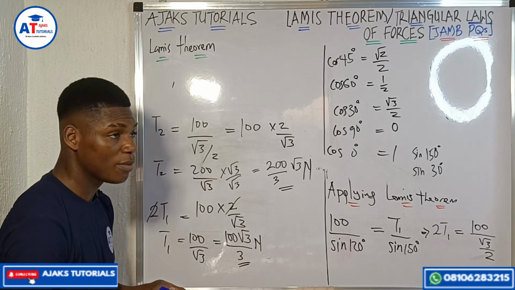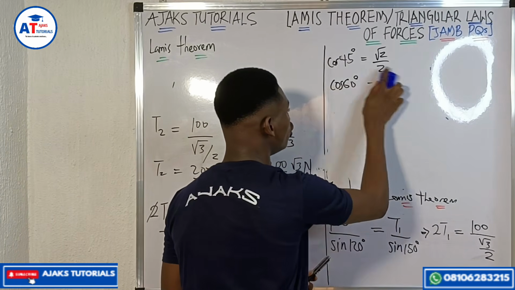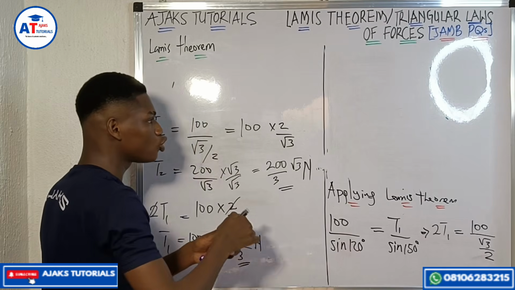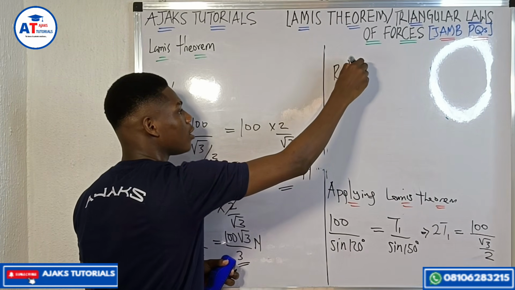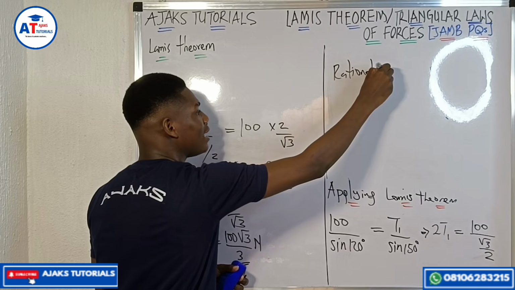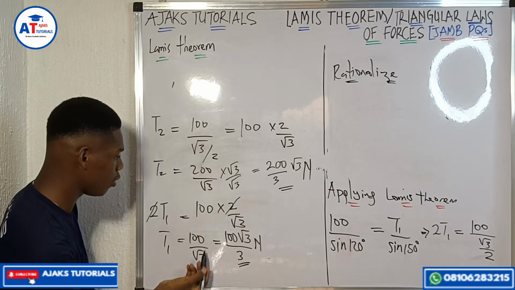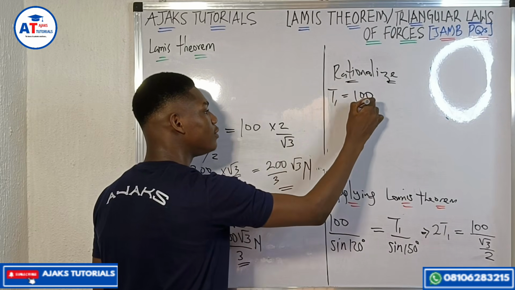Okay, in case you don't know what rationalizing means, let me just quickly explain that. This is physics, but let me just help you. To rationalize, what you basically do is multiply the denominator. Let's say we had T1 to be 100 over root 3.